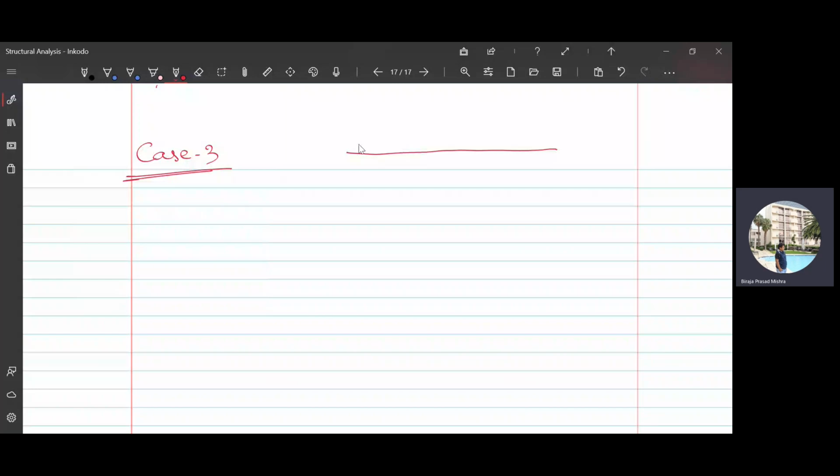This entire parabola we are calling M, or here I can write free bending moment diagram. So this is figure 1, this is figure 2, this is figure 3, this is figure 4.